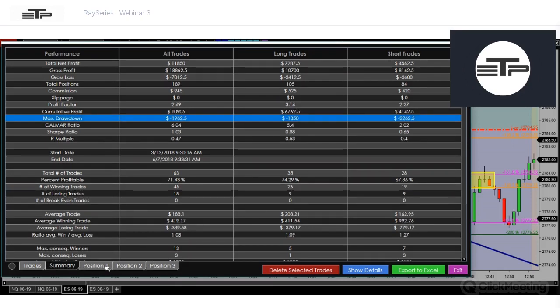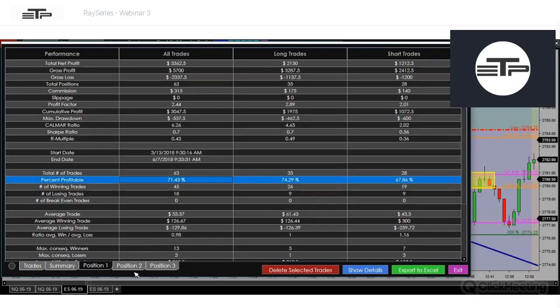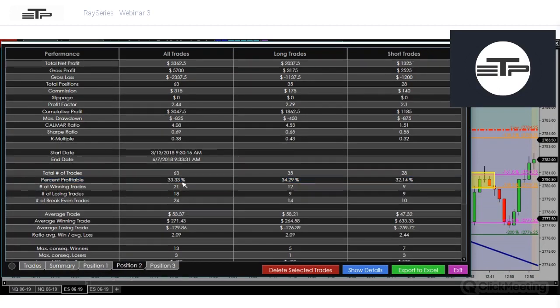Obviously, basically our target 1 is 1-to-1 stop to target ratio. Our target 2 is a 2-to-1 stop to target ratio, and our target 3 is a 3-to-1 stop to target ratio. So you can see how the percentage profitable actually decreases per position, but the total net profit actually increases.